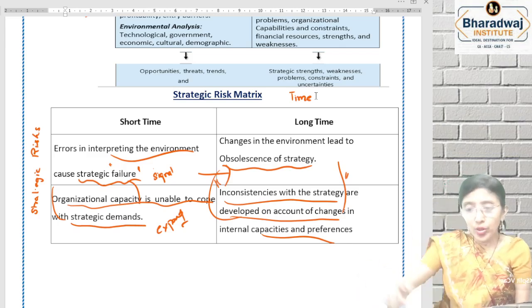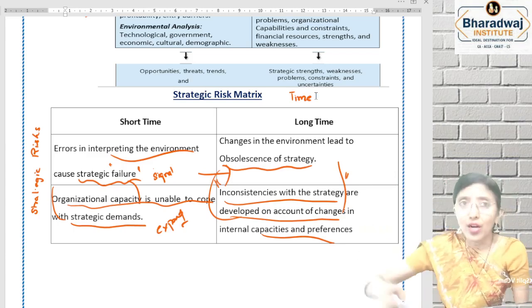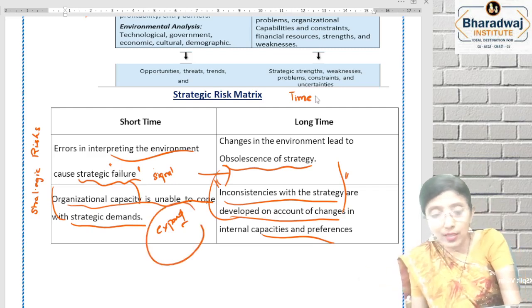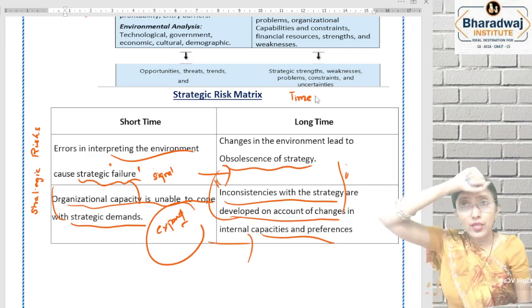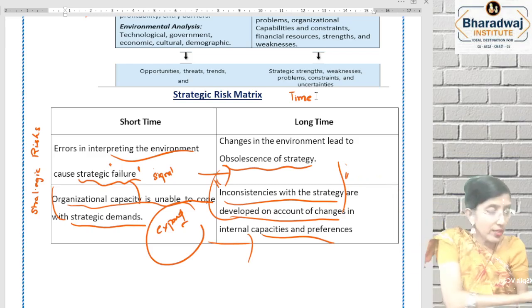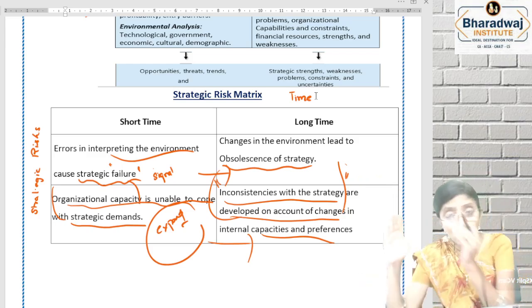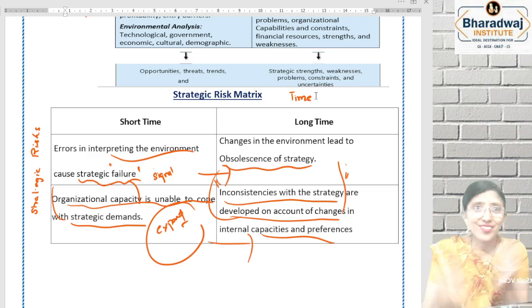First of all, you should have assessed your organizational capacity and strengthened it according to the demand. You didn't do that. That's a failure. But I have to take the signal, because what will happen? Strategy is somewhere, the requirements are somewhere, resources are somewhere. Short-term impacts are visible, but long-term impacts are detrimental.